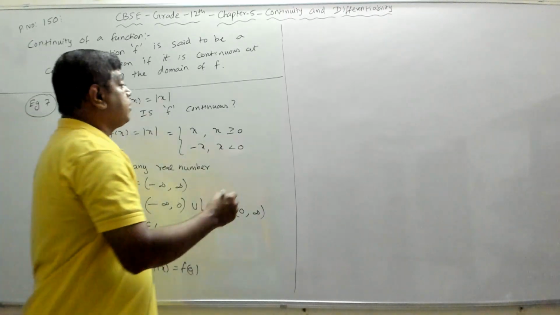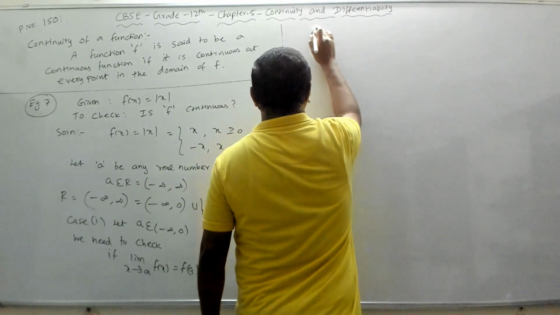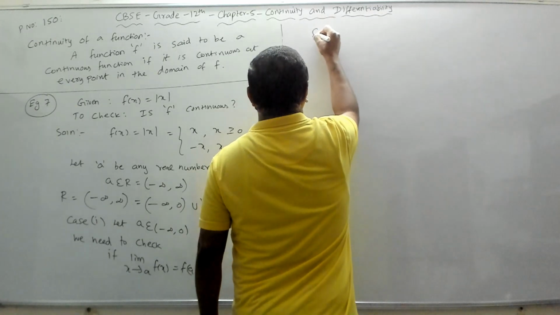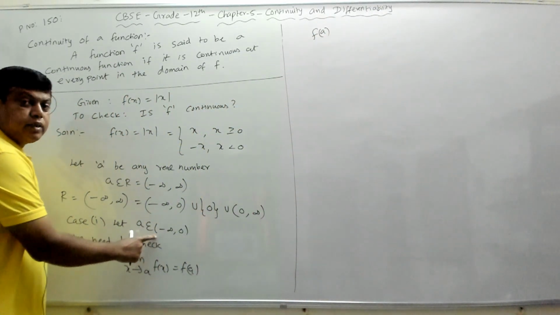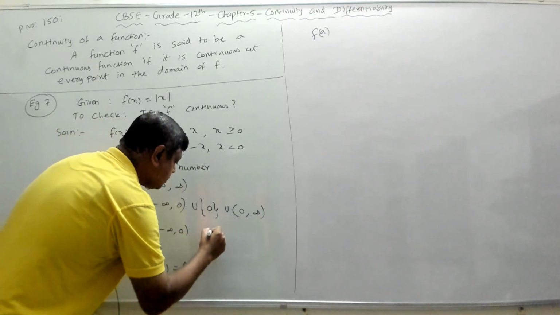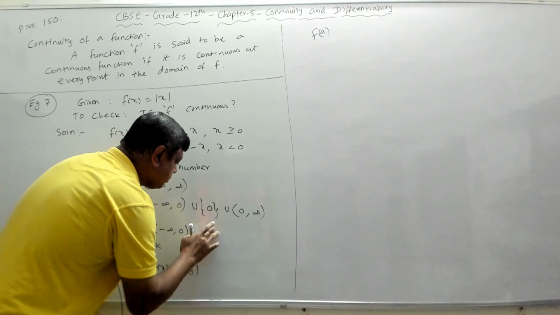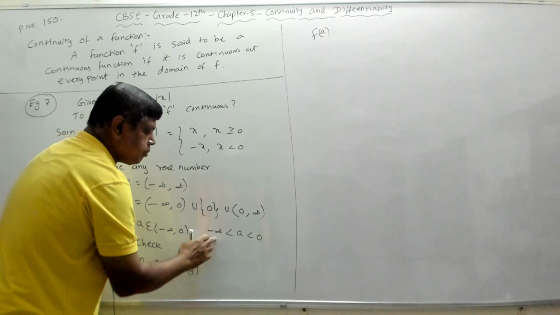Let's find f of a. We are doing case 1 first. What is the value of f of a? a is negative, because a belongs to minus infinity to 0. The meaning of this is minus infinity less than a less than 0, which means a is between minus infinity and 0.